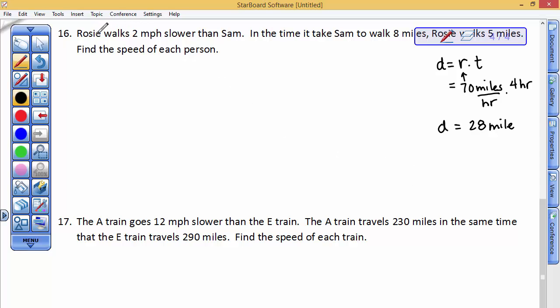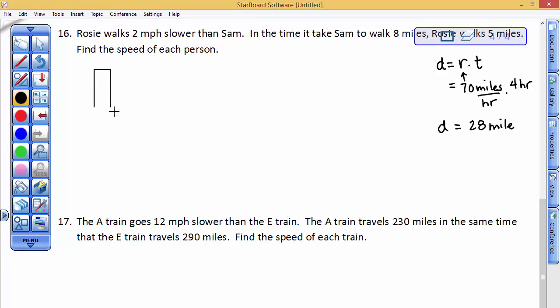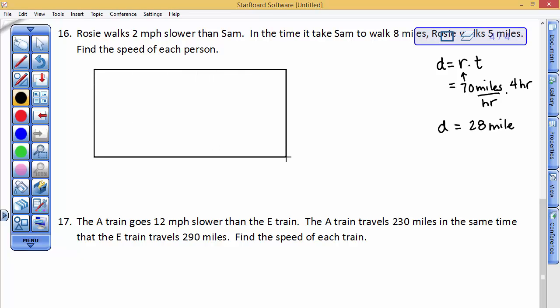In these problems where we want to find the speed of the people that are walking, and we talk about time and we talk about distance, what we're going to do is set up a kind of grid with this distance, rate, time idea.